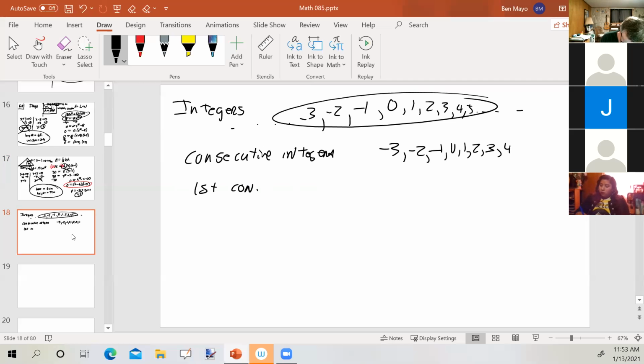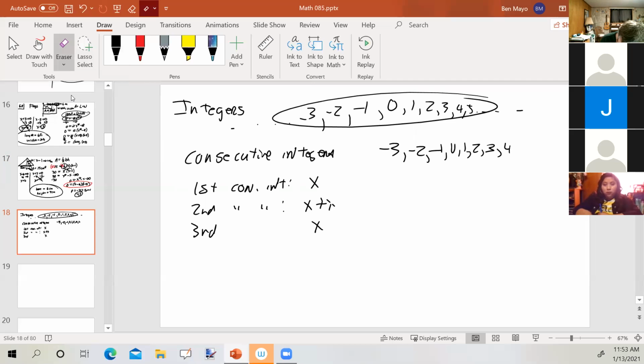So the first consecutive integer and then the second consecutive integer. If the first one was x, the next one would be x plus 1. And the next one would be, oops, I wrote x plus x, my bad. Would be x plus 1. The next one would be x plus 2, etc., etc. Those are consecutive integers, one right after the other.